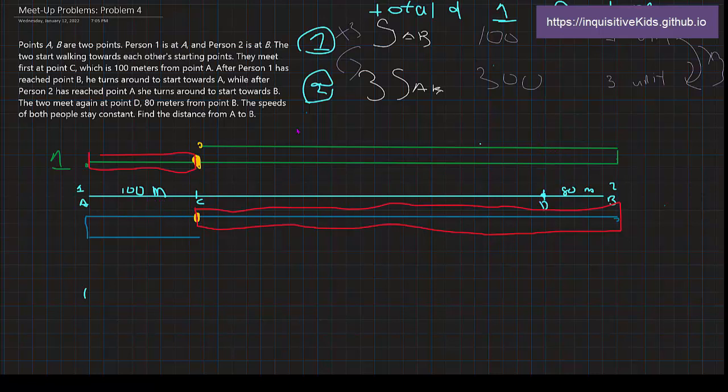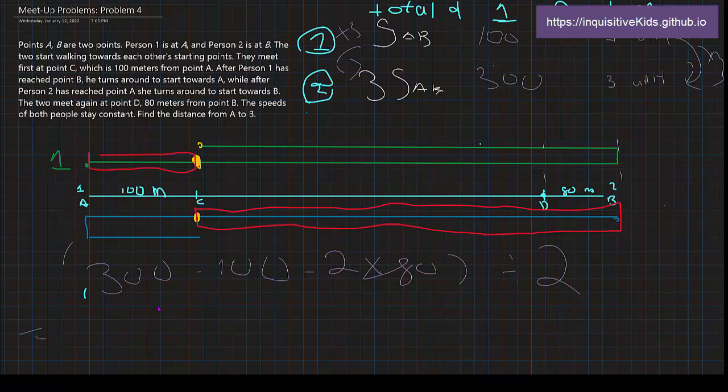So, find the distance from A to B. We already know this is 100, this part is 80, right? And we know that this whole system is 300. So really, to find this middle part from C to D, we take away 100, and then we take away 2 80s, and then we divide that by 2, and that's what we'll get for CD.